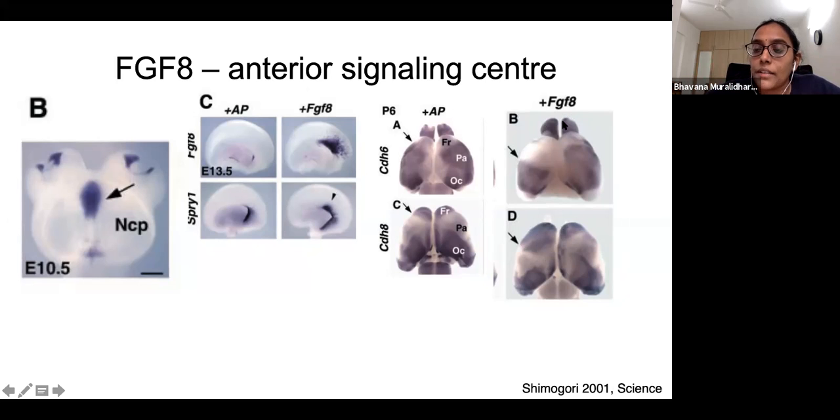So if you overexpress FGF8, the CAD8, whose expression was restricted to the frontal, is now expanded. And this has pushed the expression of CAD6, which was parietally there, more towards the occipital. Which means suddenly the anterior posterior axis has shifted if you overexpress FGF8 towards the back of the brain.